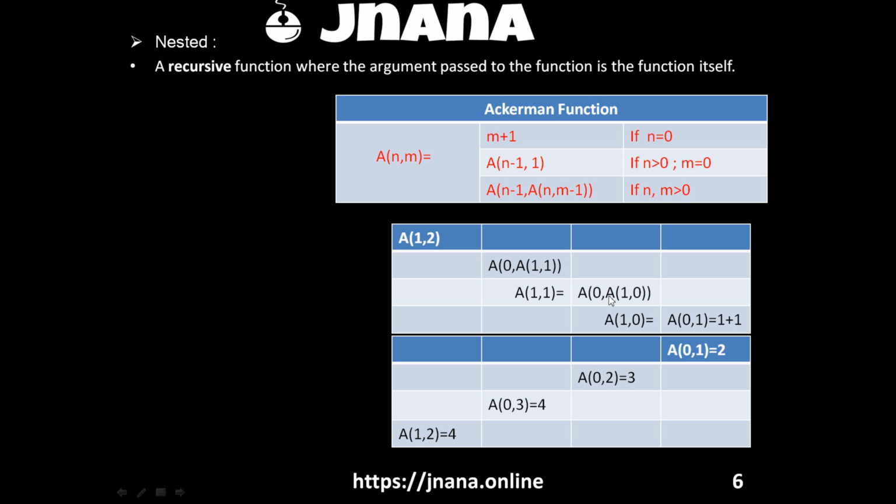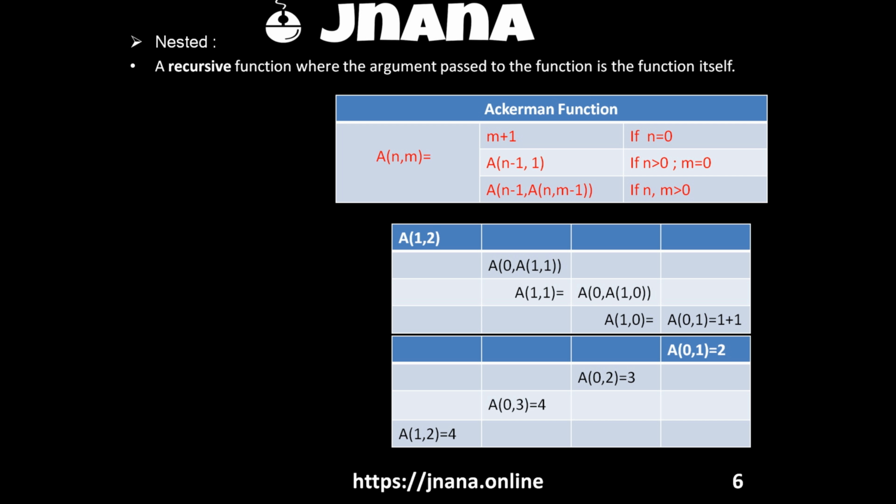So that implies a of 0 comma 2. What is a of 0 comma 2? When n is equal to 0, output is m plus 1. M is 2, m plus 1 is 3. So we got the output as 3. A of 0 comma 2 is 3.